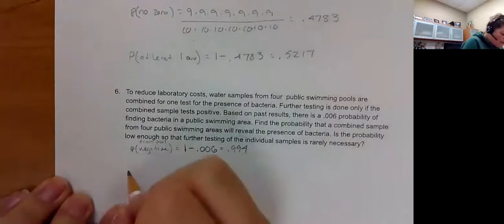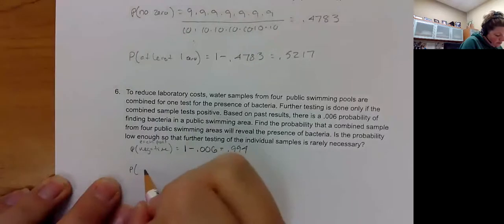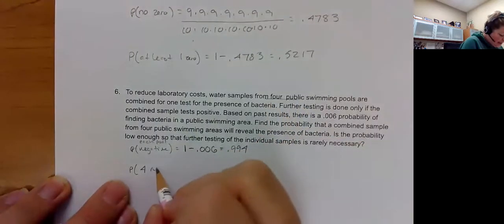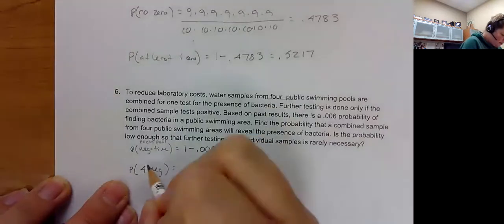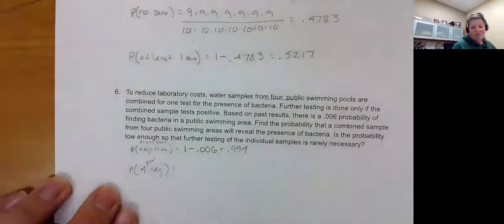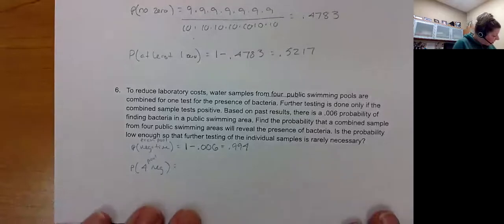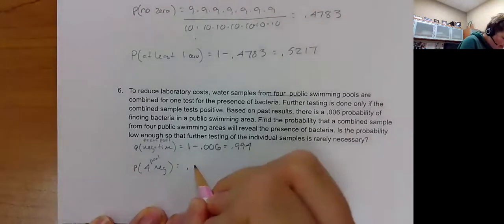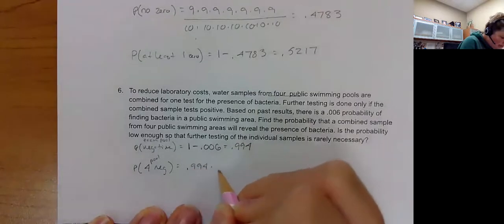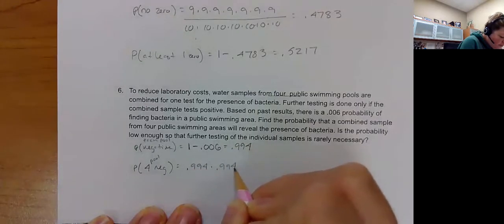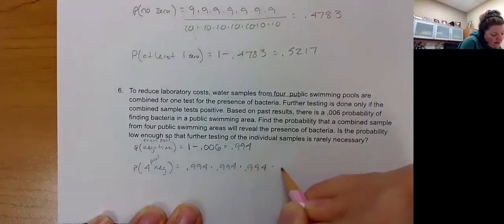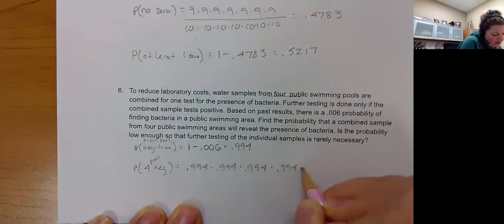And what's the probability of all 4 pools, because we did 4 samples, being negative? If you want the word pool in there, if you want to write it all the way out, you can. So the probability that all 4 will be negative is 0.994 for the first one times 0.994 for the second one, times 0.994 for the third, and then 0.994 for the last one.